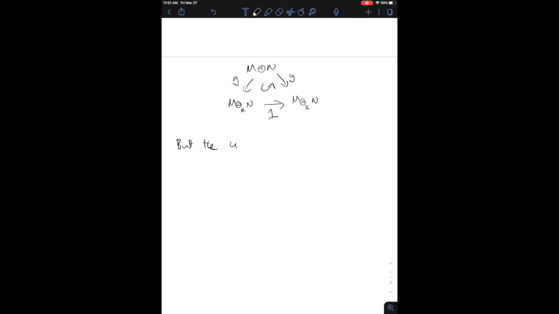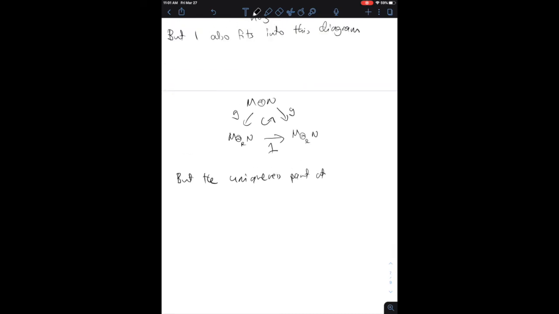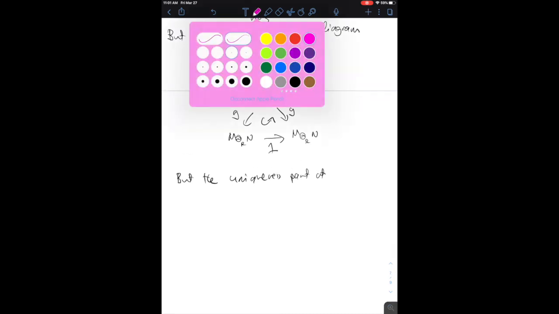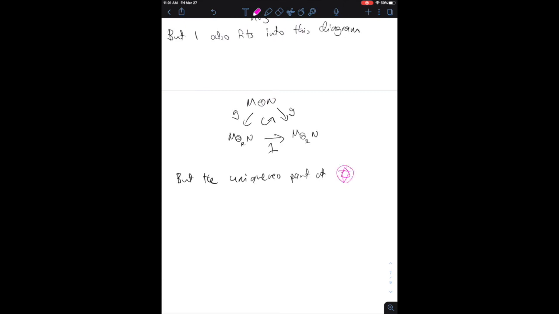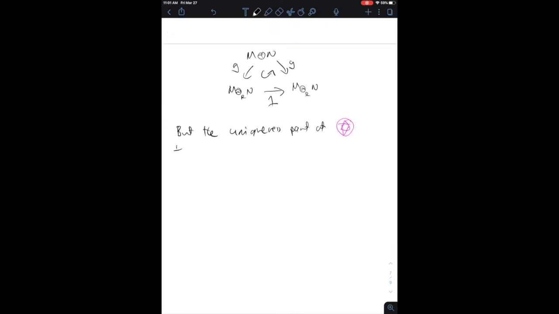Okay, but the uniqueness part of the property star tells us that 1 is the only map which can fit into this diagram.